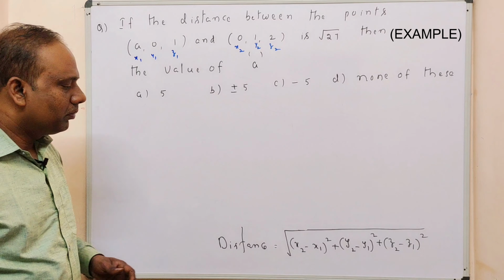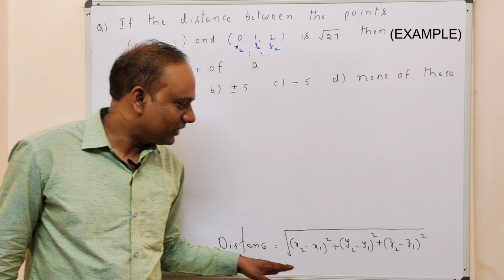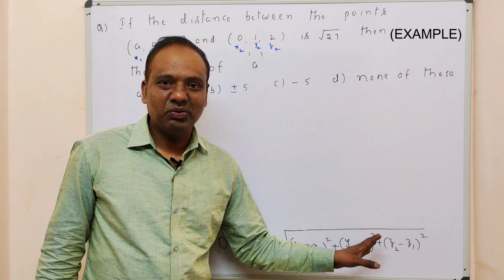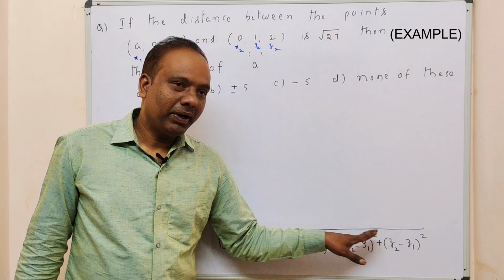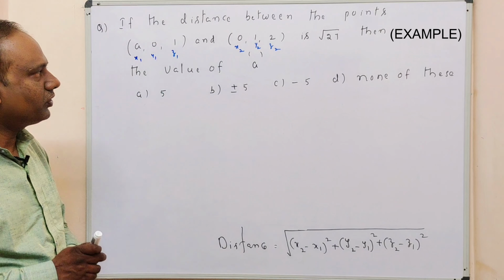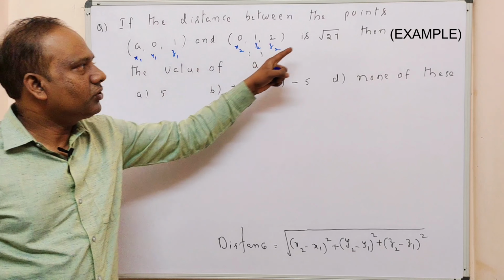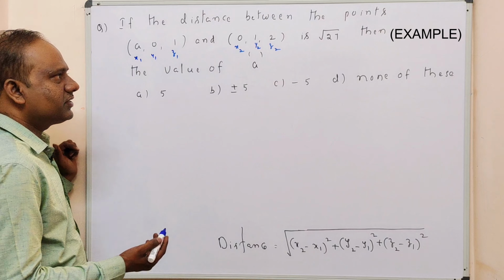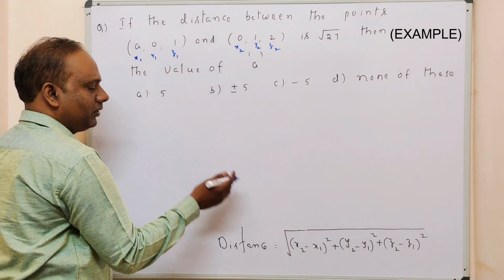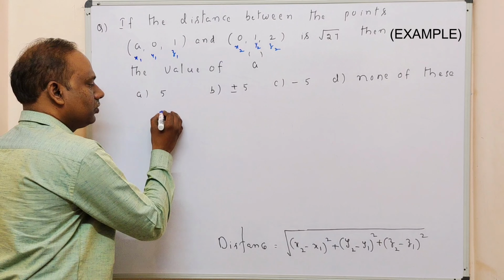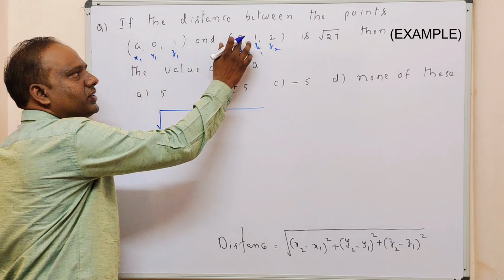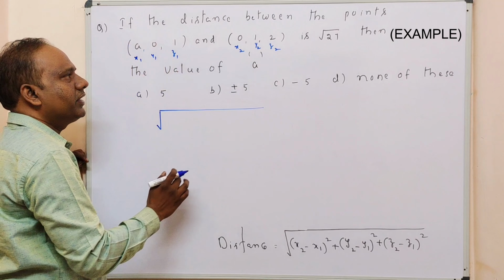But many of the students actually practice only this way. That's why I am applying this formula. Okay. So here distance is equal to root 27, already they have given. So distance is equal to directly the root of (x2 minus x1) whole square. So x2 is 0 and x1 is a.